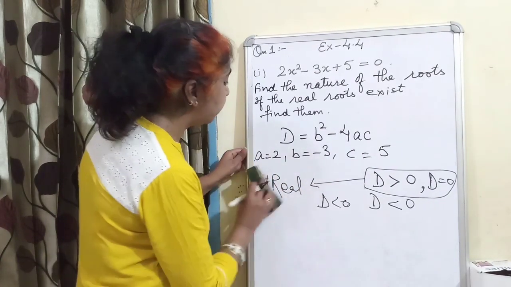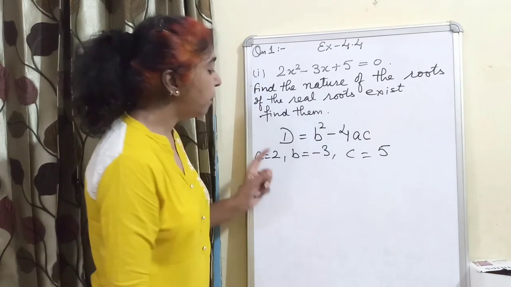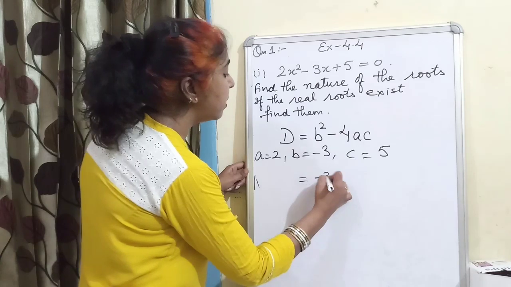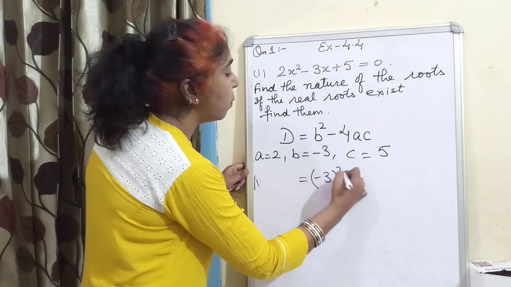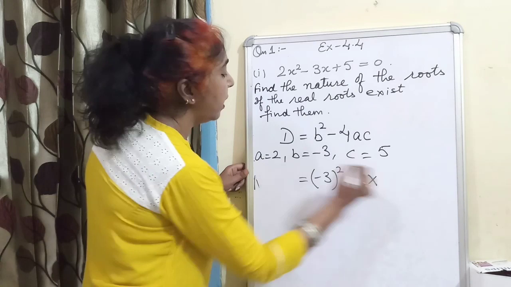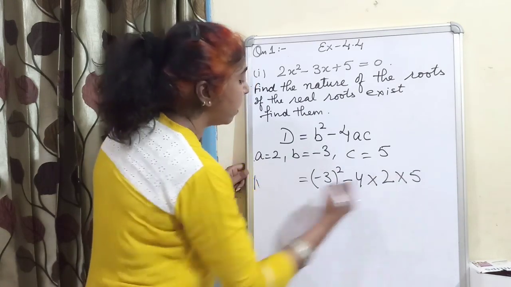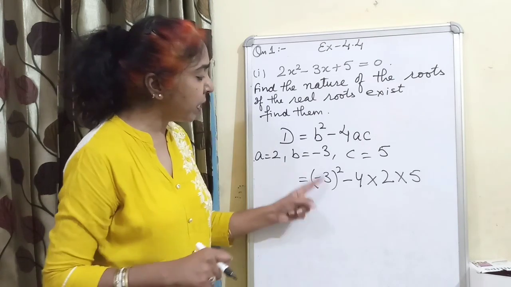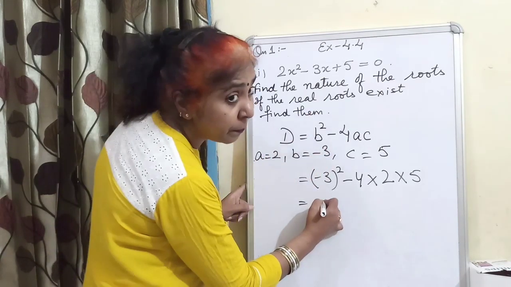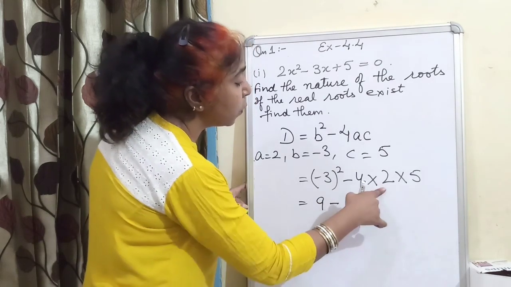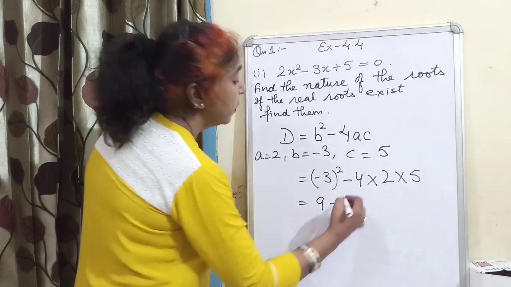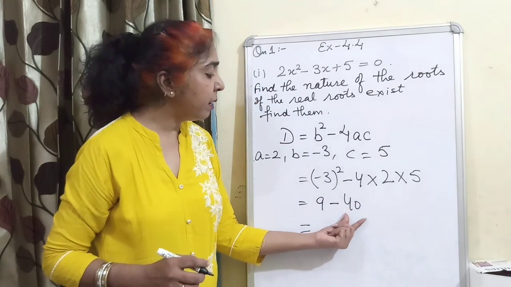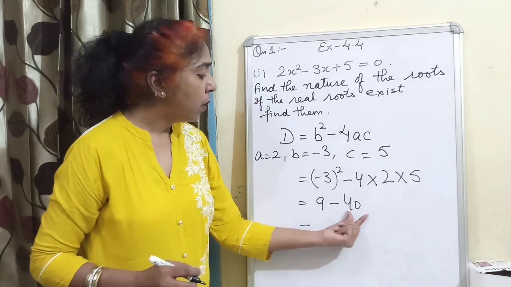Okay, so now we have the values of a, b, c. So D is b square minus 4ac, with b being minus 3, a being 2 and c being 5. Minus 3 square, what is its value? It will be 9. Minus 4 times 2 is 8, 8 times 5 is 40. After subtracting these two values, what do you get?